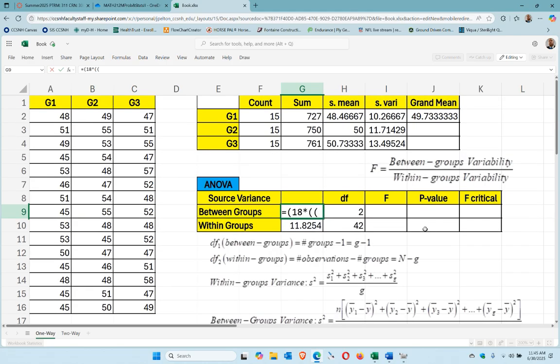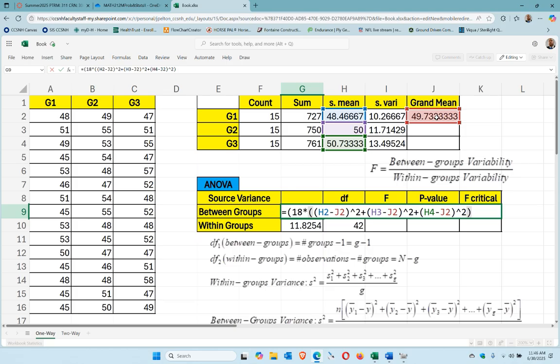Okay, so the first one is this variation, this mean minus, that's the group mean minus the grand mean squared, plus the second one, which is this mean minus the grand mean squared, plus, and then we have the third one, minus the grand mean squared, and then close paren, right?